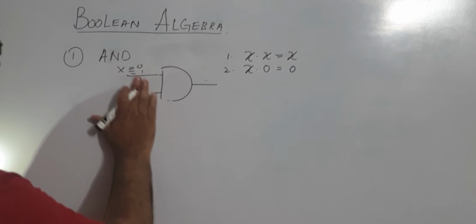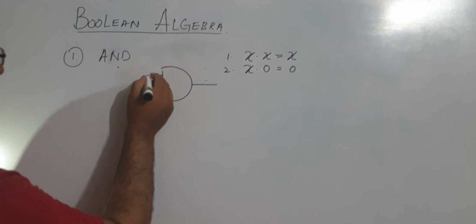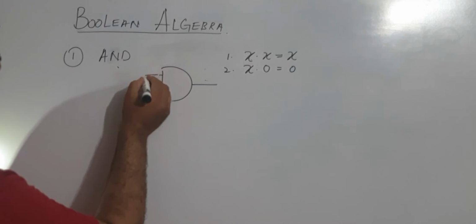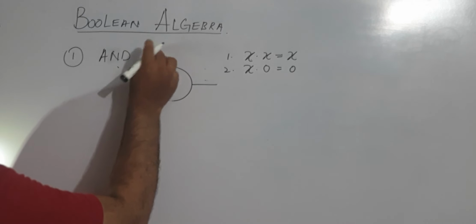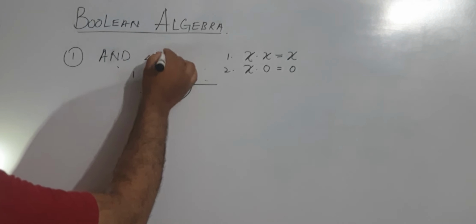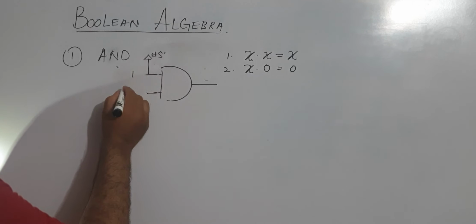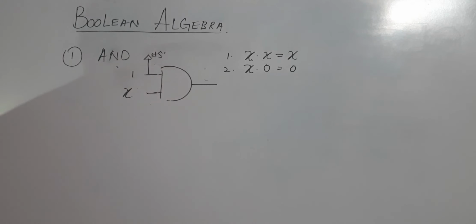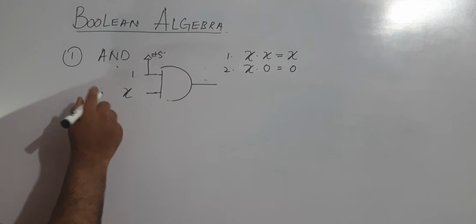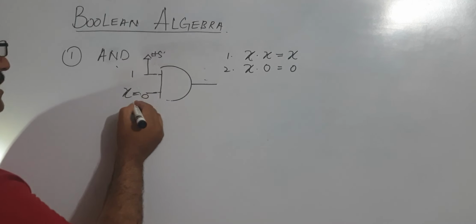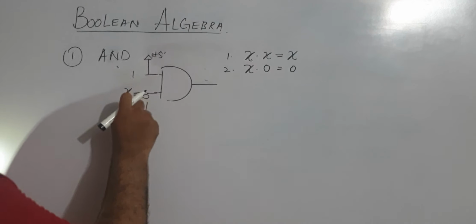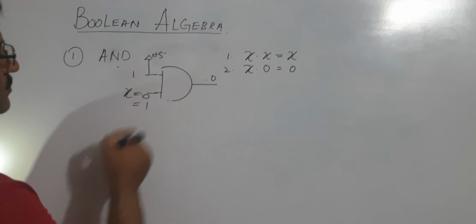Next, we may have this type of situation. Let's say one input is permanently connected with 1, meaning it is connected with VCC or plus 5 volts, and the second input is X. Now X may have two values, X equal to 0 or X equal to 1. If X is 0, the output is 0.